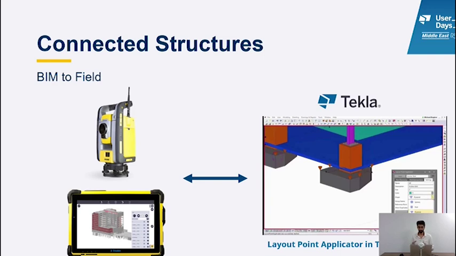So the concept is you grab the data from the Tekla Structures model and you use it in the construction in terms of positioning or laying out the points that are really needed for the erection or even for the fabrication. So we're linking the data with the robotic total station. What is really required from you to do extra in Tekla Structures is actually not much. You just need to export the IFC data from Tekla Structures, and also you need to highlight these points that you really want to lay out on the site or in your fabrication yards.